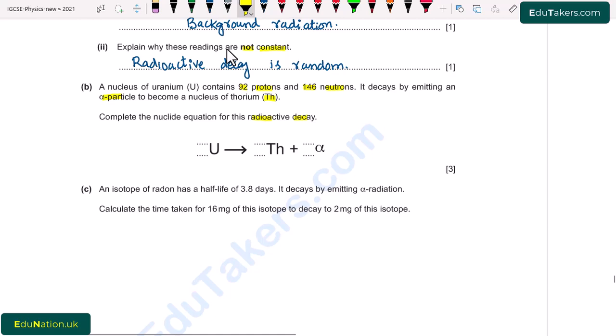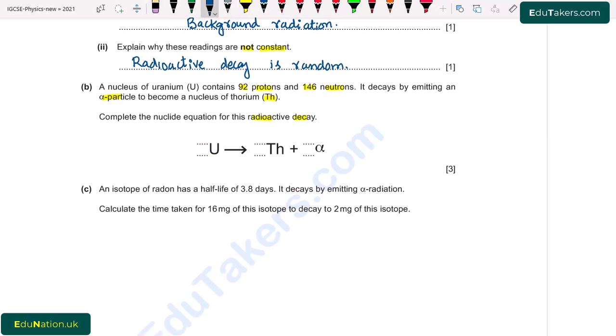and it is given in the question that the number of protons is 92 and the number of neutrons is 146 for uranium. At the bottom we write the atomic number, that is equal to the number of protons, and at the top we write the mass number, that is the sum of the number of protons and neutrons. So for the uranium nucleus we are given 92 protons and 146 neutrons.